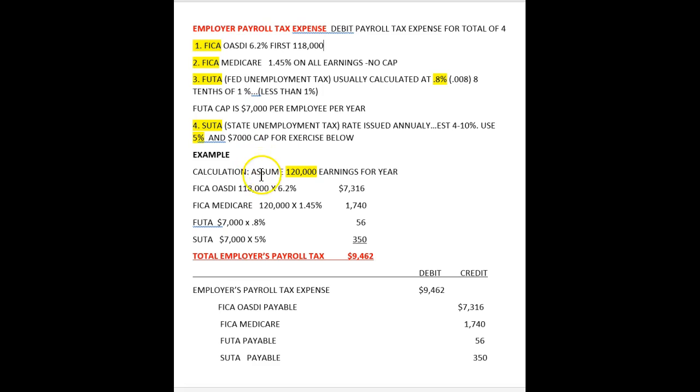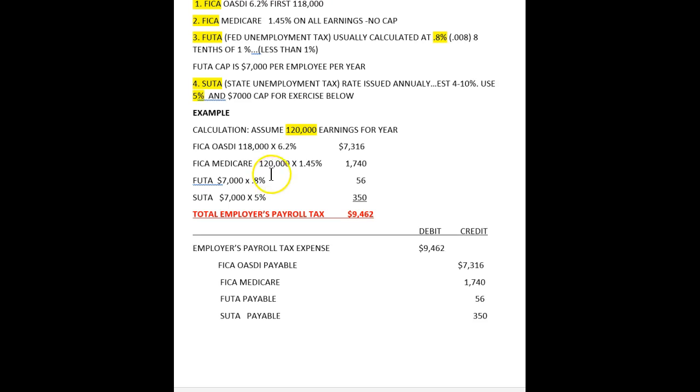In this problem, I'm going to make the same assumption I did in the previous video, where the earnings for the year, say for me, are $120,000. I kicked in my own 6.2%. Now here's the boss kicking in his 6.2% of not the 120, because the FICA OASDI is capped.